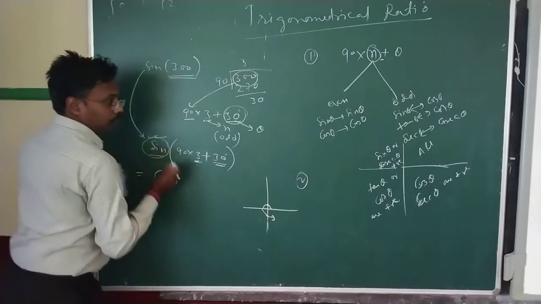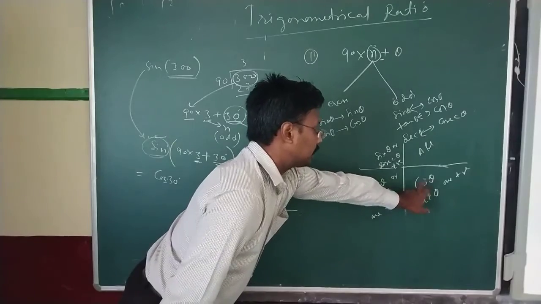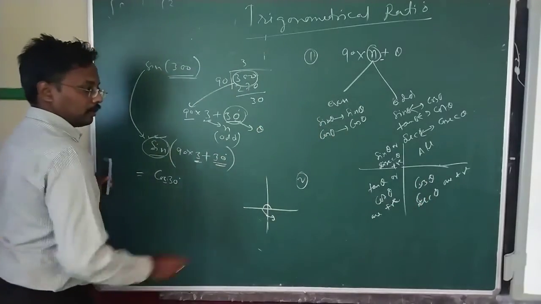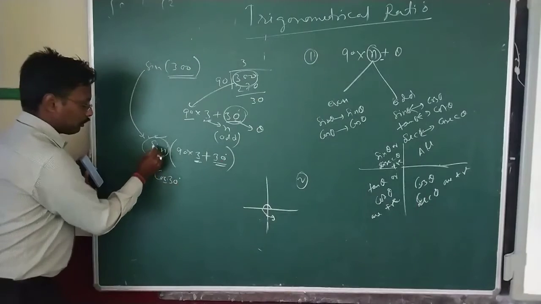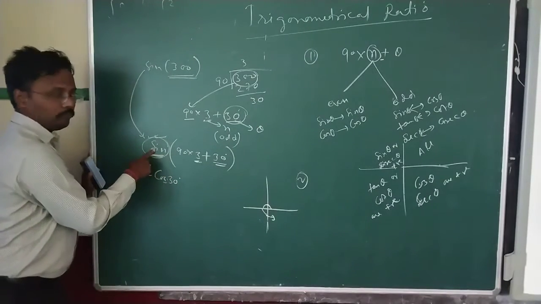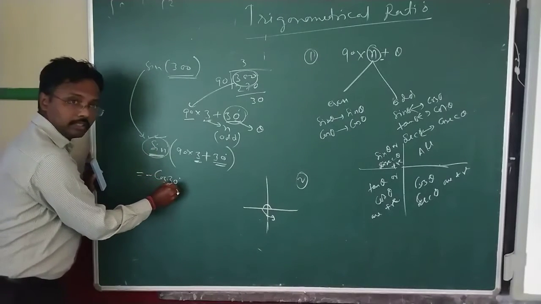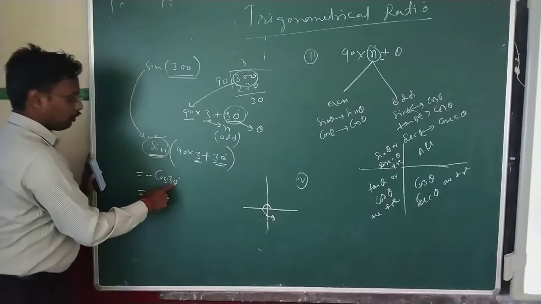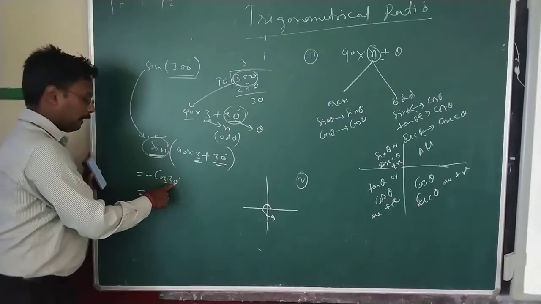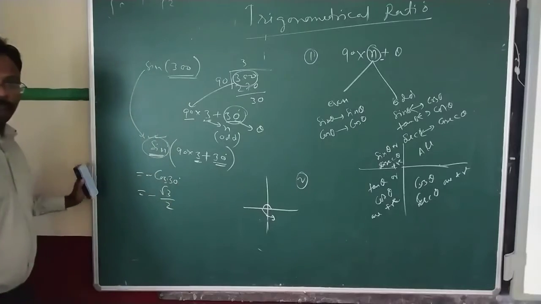So for the fourth quadrant, as I have mentioned, cos theta or sec theta, these two are positive and rest all are negative. So we will be getting here minus. Why? Because this is sine. So we have minus cos 30 degree. Now what is the value of cos 30? Cos 30 degree is root 3 by 2. Okay?